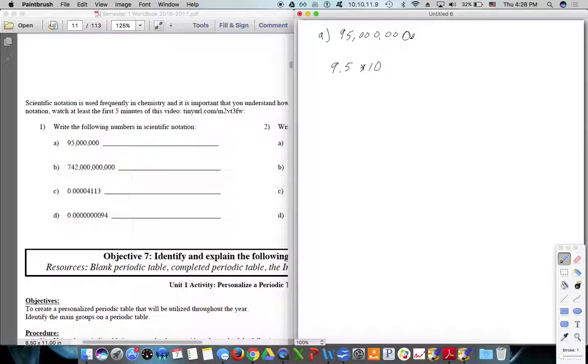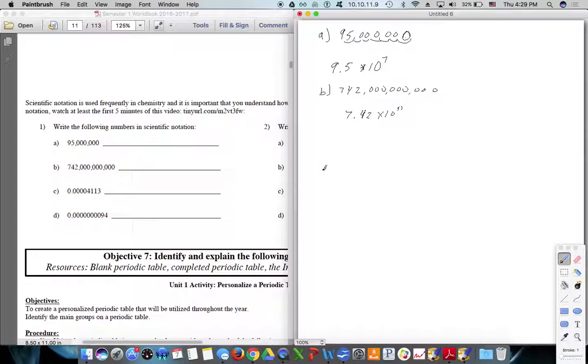The decimal place starts here, 1, 2, 3, 4, 5, 6, 7, so times 10 to the 7th. Same thing with B, 74200000000, between the first 2 points, times 10 to the number of places we move the decimal, 3, 6, 9, 11.